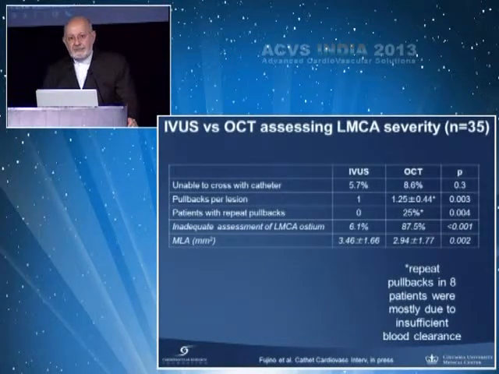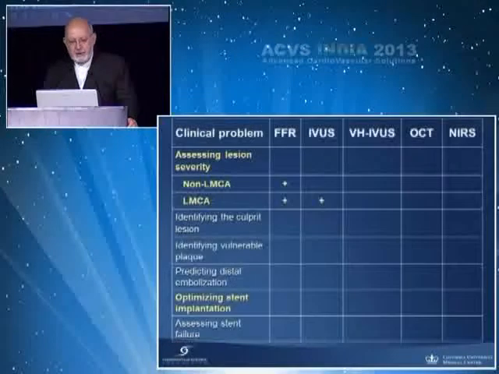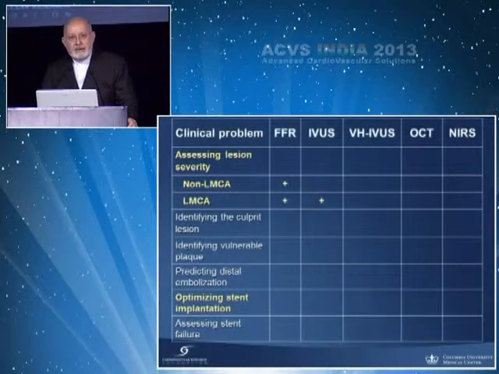However, when assessing the left main, because of the problems with having to flush and clear blood out of the left main while having the catheter in the left main, OCT is inferior to IVUS in assessing left main severity. So at least in assessing lesion severity, non-left main lesions are the province of FFR. Left main lesions are the province of either FFR or IVUS, and OCT is simply out of the picture.